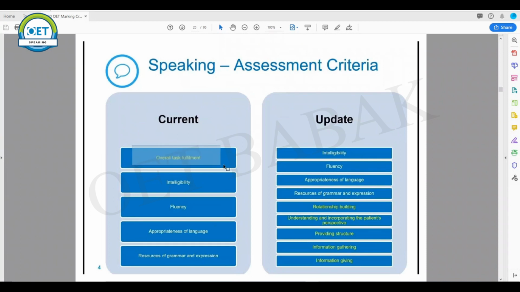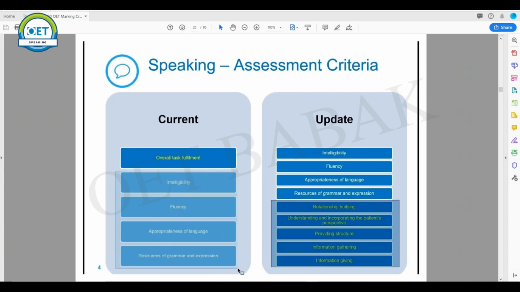Previously, overall task fulfillment meant how many of those bullet points you were covering. Right now, it's not that anymore. They've changed this overall task fulfillment to a new set of criteria, which are called communication skills. We'll look at that in a moment.